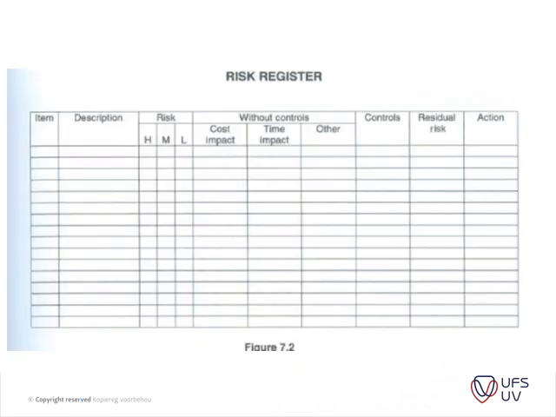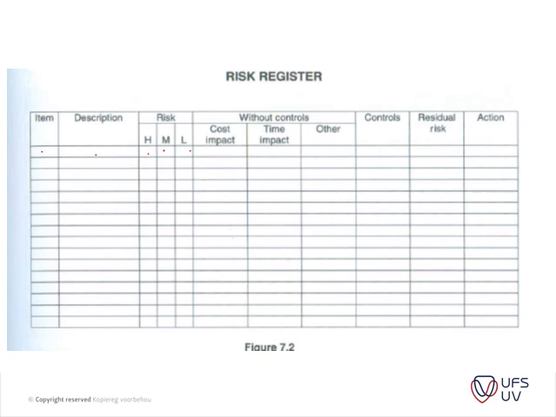Then the next item is your risk register, and this is just a typical example. We'll embroider on this a little bit later, but in all essence, you basically have an item, a description. You identify it as a high, medium, low risk.